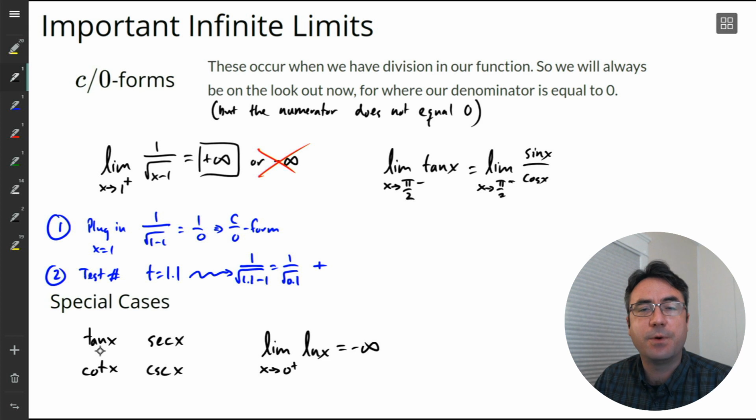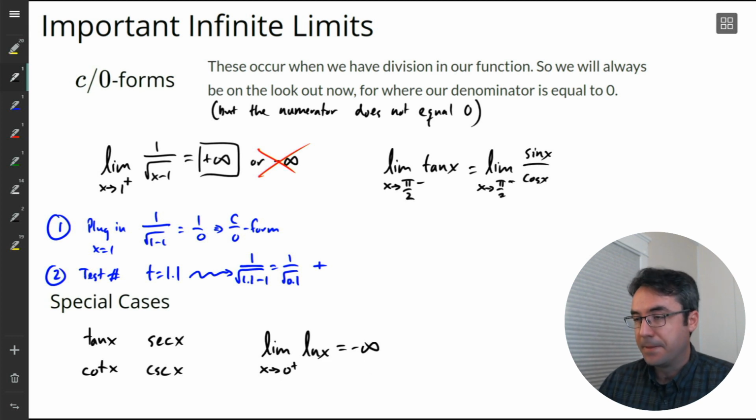You have to figure out which based on where sine or cosine is equal to 0. So we won't go through all those cases. But for this other one, the limit of natural log x, this happens when the value inside the log function gets close to 0 from the right. And that's equal to minus infinity.